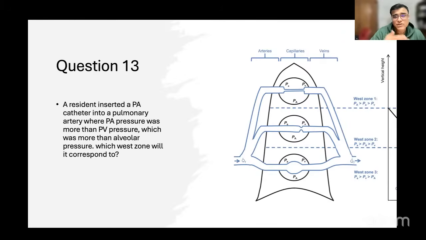If that was the scenario, then obviously the answer would be West Zone 2, because the waterfall phenomenon is there, so intermittent flow will be there. But 2, 3 people recalled that it was a West Zone 3 scenario, where arterial was more than venous, which was more than alveolar. I can't say what the question was based upon; I'm only telling you from recall.